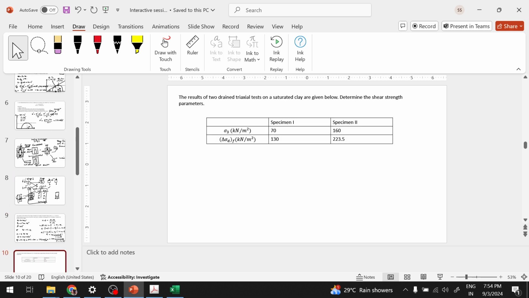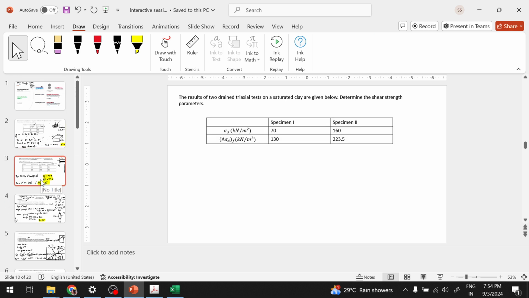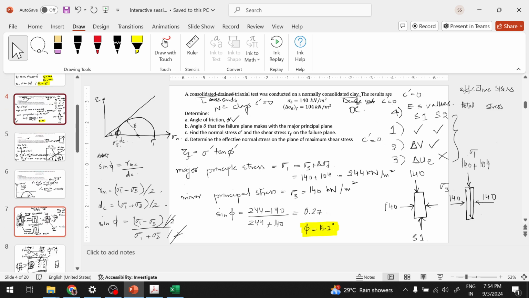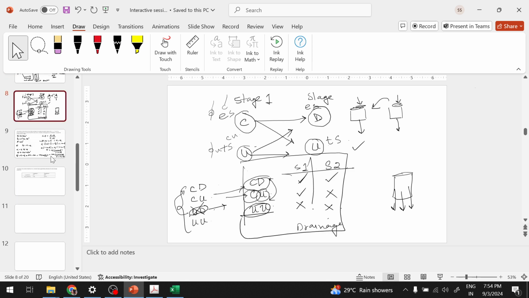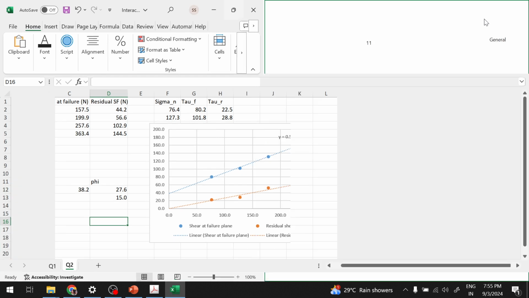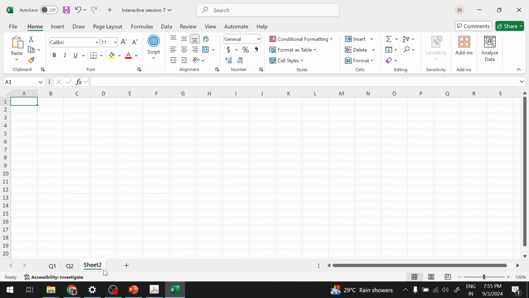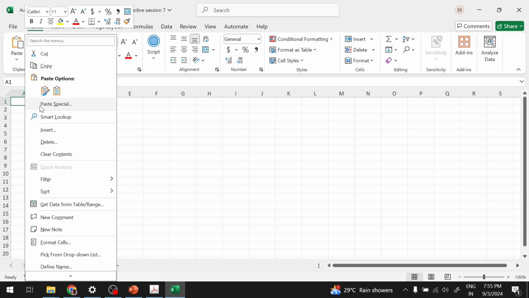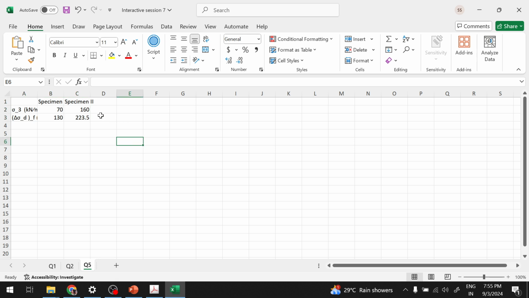This is question number 5, I guess. So we have been given sigma 3 and sigma d, and we can calculate sigma 1.